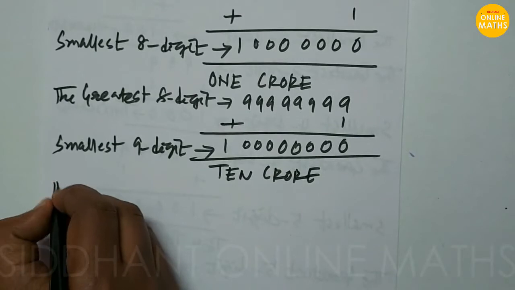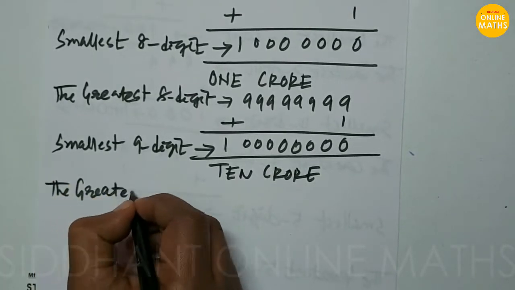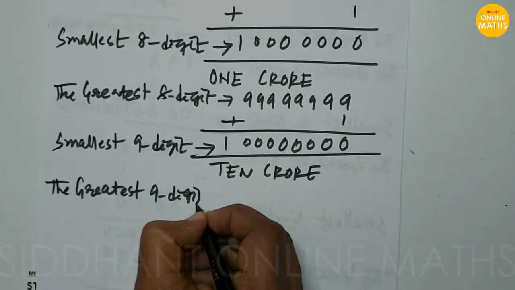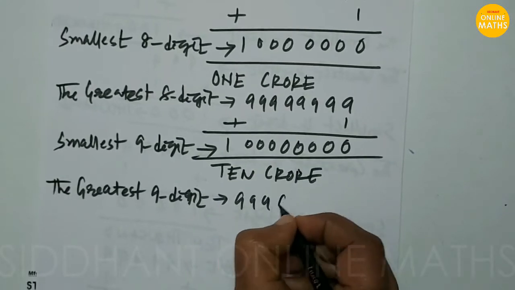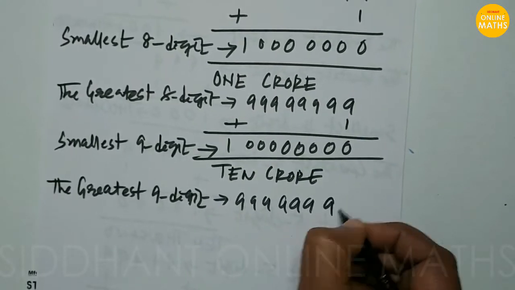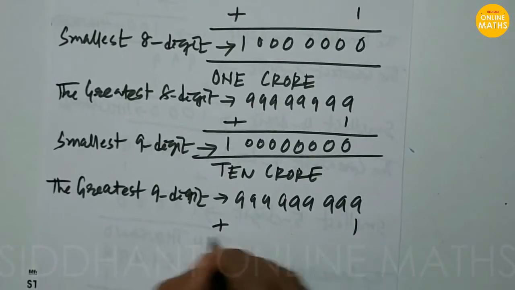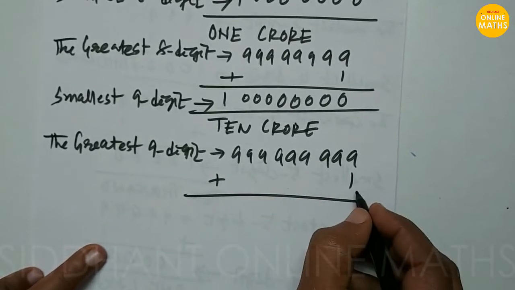In the same way, when you increase the size, the greatest 9-digit number will be 999999999. So how are you going to read this when you add 1?